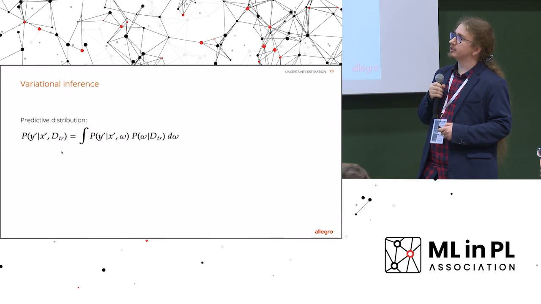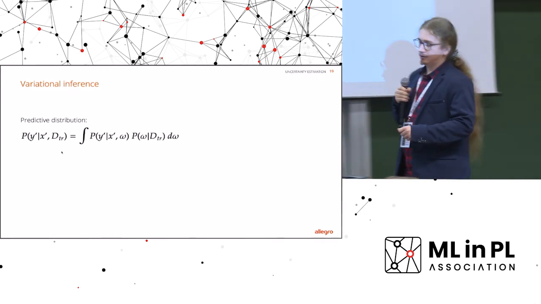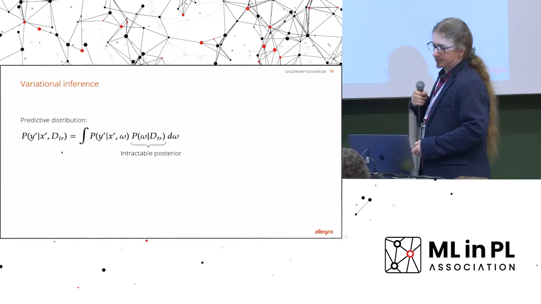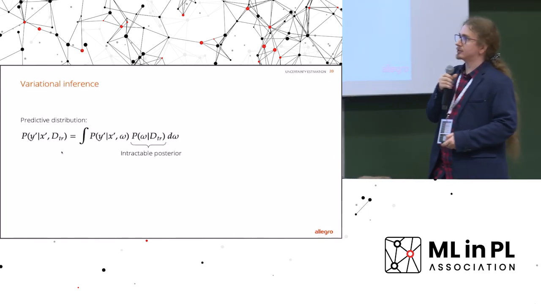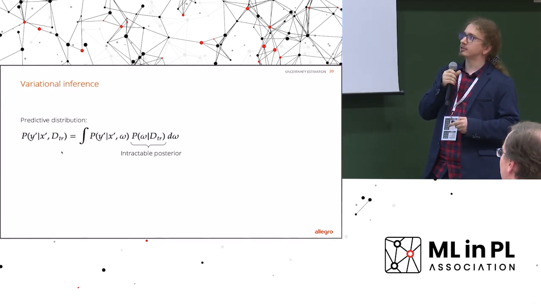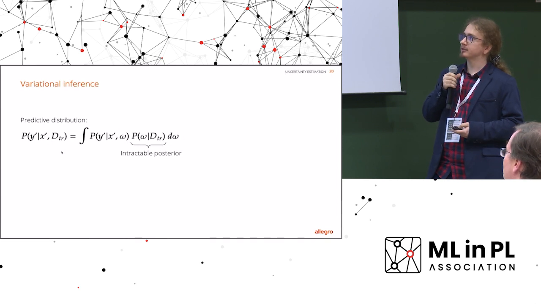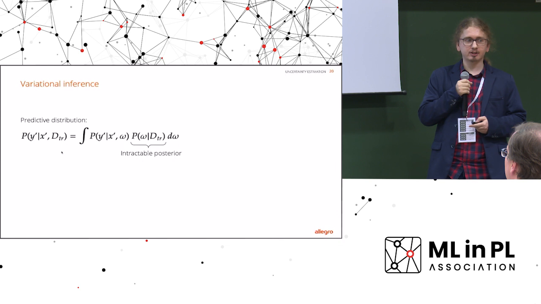Omega here is our model parameters. For complicated models such as Bayesian neural networks, unfortunately, this posterior is intractable. So we need some way to approximate it. And one of these ways is to use variational inference.